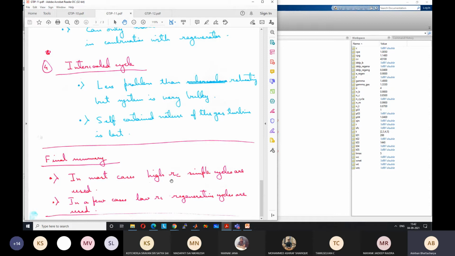In some cases, it makes sense to also use a regeneration cycle to get very high efficiencies. So nowadays, what are used? Either simple cycles with a very high compressor pressure ratio, say around 20, or a very low compressor pressure ratio, say around 5, 6, or regenerative cycles. The other two are not used too much.